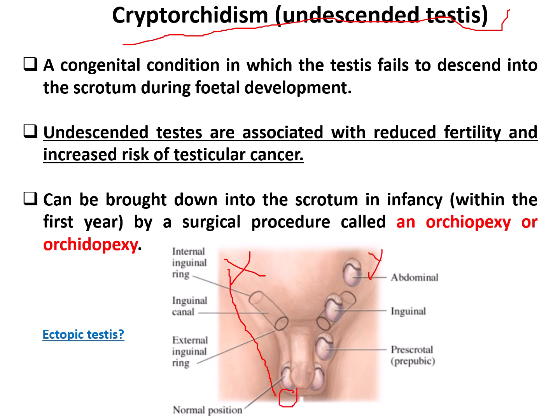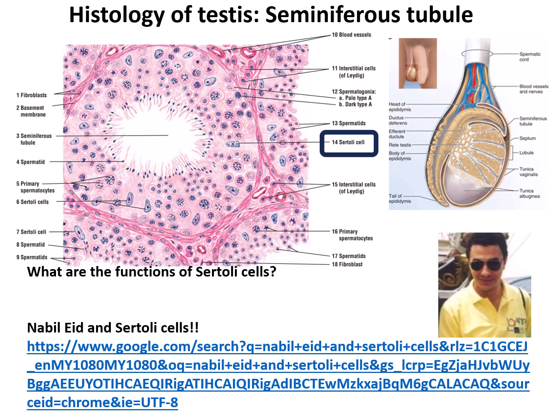So failure of descent results in undescended testis, or cryptorchidism, which should be treated surgically by an operation called orchidopexy. And failure of treatment results in testicular atrophy, infertility, and cancer.